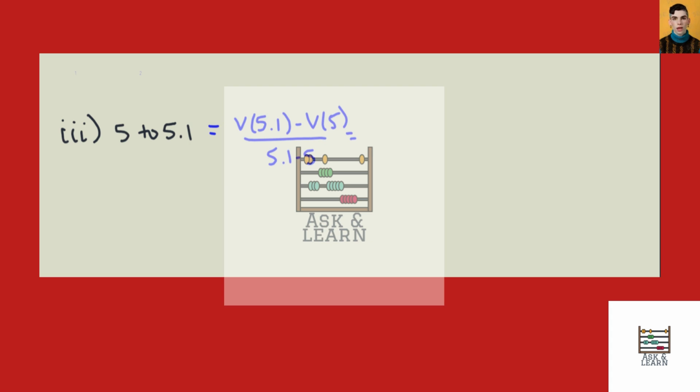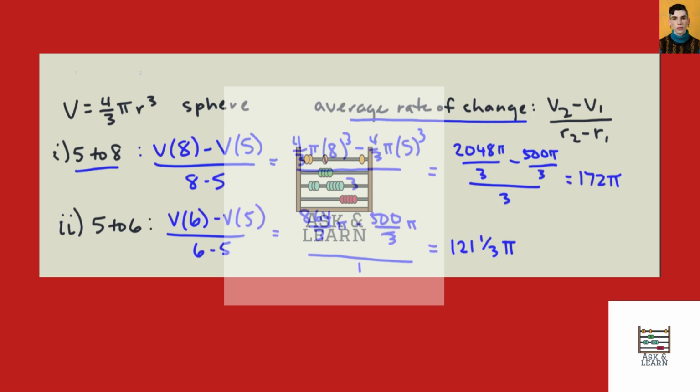I went ahead and approximated this one because I think we're getting the point here. We end up with approximately 176.87 pi minus 500/3 pi over 0.1.